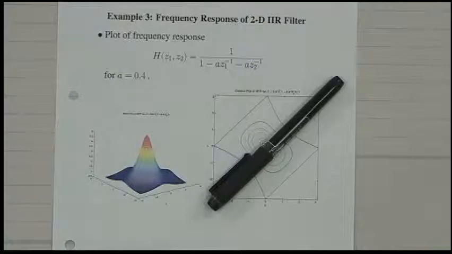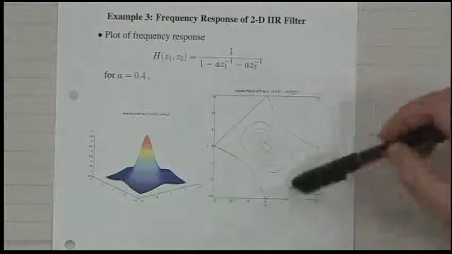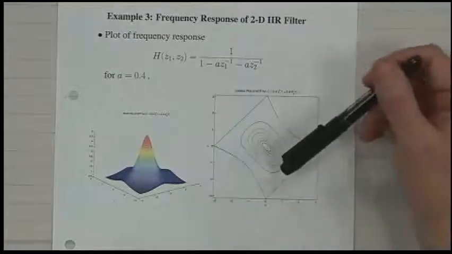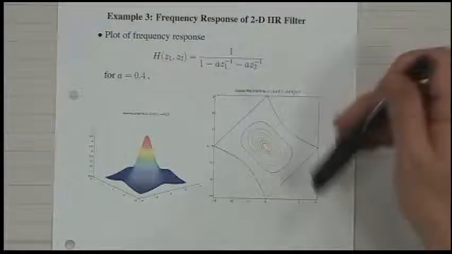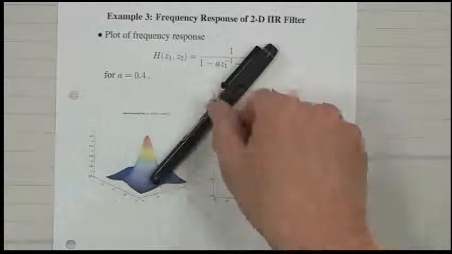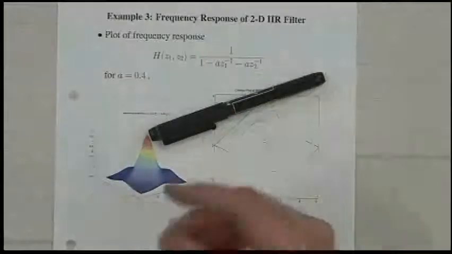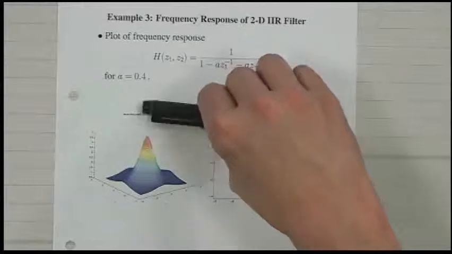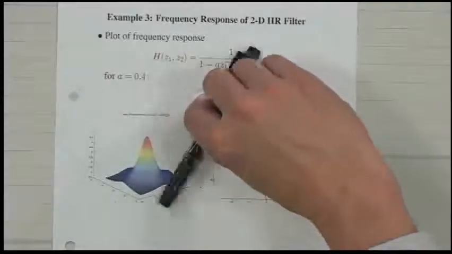So the orientation of the raster ordering imposes a certain anisotropic behavior on the filter. Anisotropic means that the behavior is not independent of orientation. Isotropic means that if a material is isotropic, its behavior is independent of orientation.